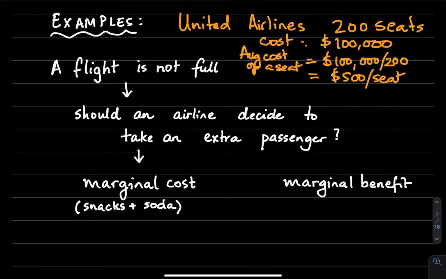Okay, so one might be tempted to conclude that the airline should never sell a ticket for less than $500. But a rational airline can increase its profits, because maximizing profits is really its goal, by thinking at the margin. So imagine a plane is about to take off with 10 empty seats, so the flight isn't full.